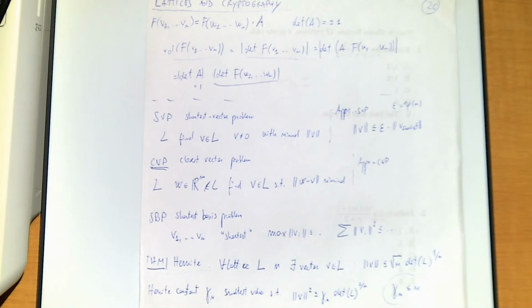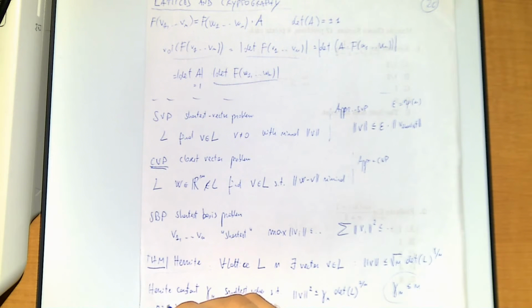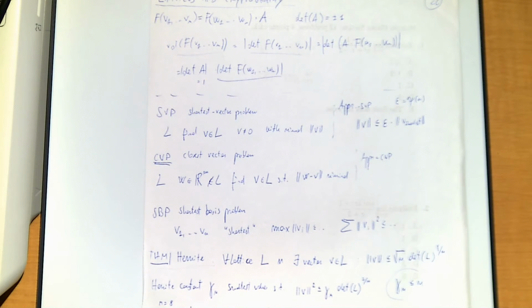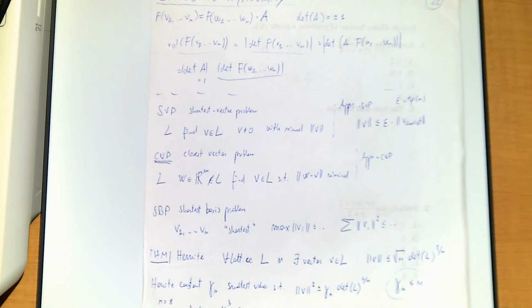But the exact value of gamma n is only known up to n equal 8. For example, gamma 2 squared is 4/3, so gamma 2 is the square root of 4/3, and gamma 3 cubed is 2, and so on. So you have certain known values of gamma n.